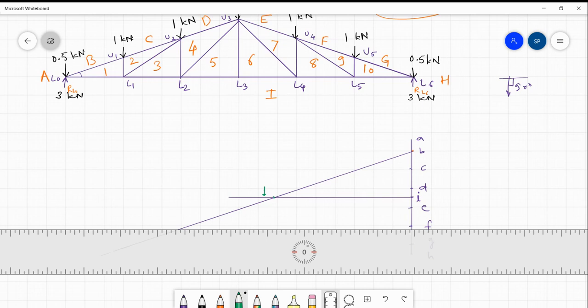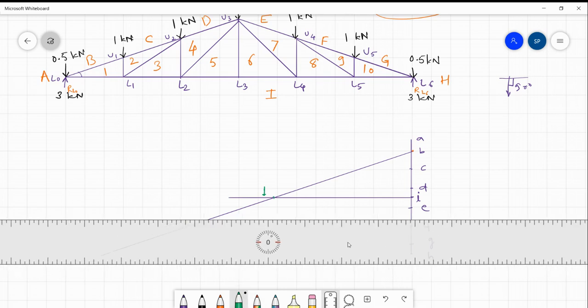Now here, if I measure this distance I to 1, it will be the member force L0 L1, because in graphical representation, the distance represents magnitude, and the angle made by that particular line represents the direction. So member force L0 L1 will be equal to distance I to 1. Similarly, member force L0 U1 will be the distance B to 1. So two member forces we have plotted.